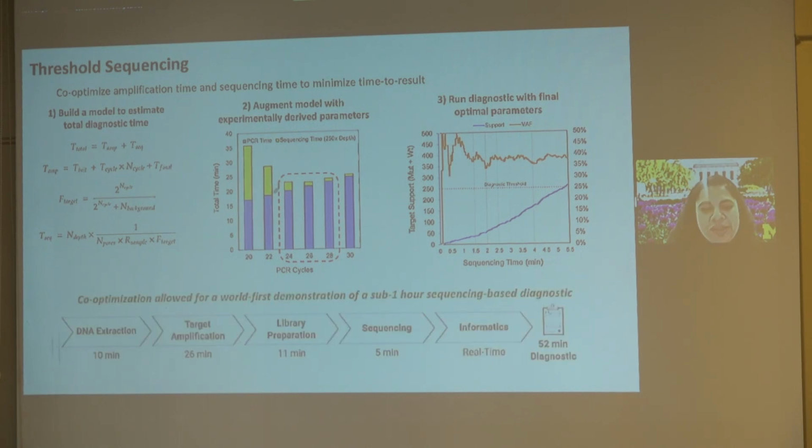And by doing that and also optimizing, it's amazing how Jack could even optimize the library preparation time. He looked at it and did some primer design studies, and that came down to about 52 minutes. But still, in spite of this optimal thing, we still had a bottleneck there.